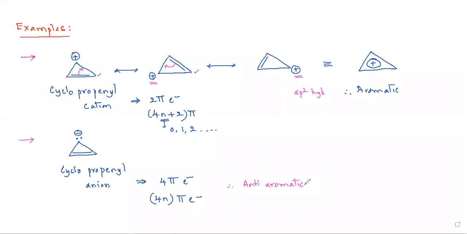It is planar. But the point is it has got 4n pi electrons. So it is anti-aromatic. Okay. Now, look at this.